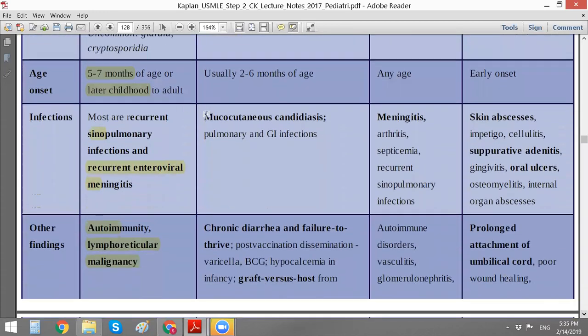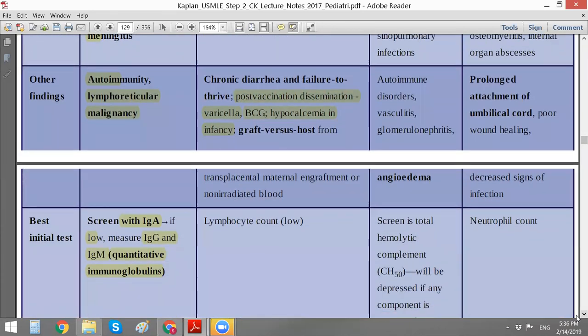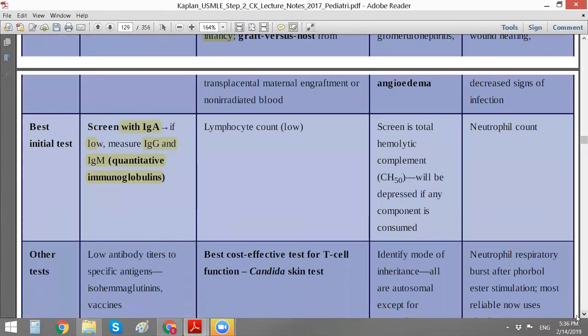Mucocutaneous candidiasis is very important; mucocutaneous candidiasis means T cell. Chronic diarrhea and failure to thrive. Post-vaccination disseminated varicella, which happens because of that compromise. BCG, hypocalcemia in infancy, graft versus host disease from transplacental maternal engraftment or non-irradiated blood.